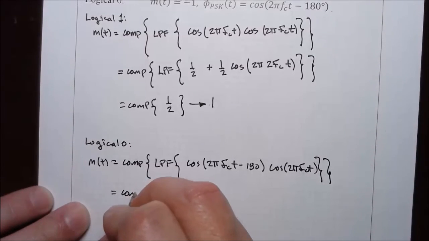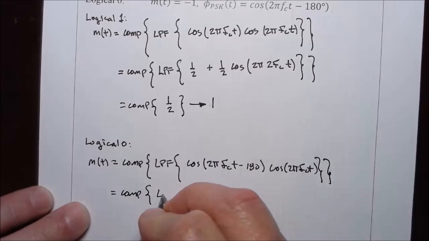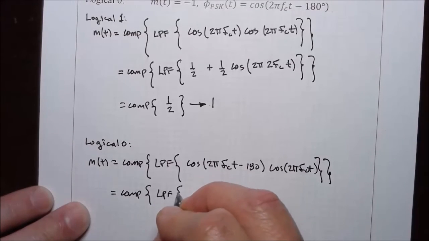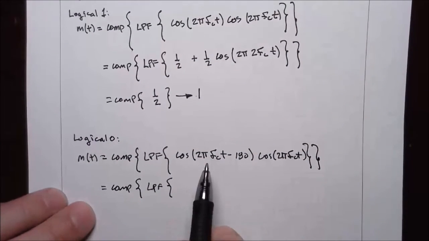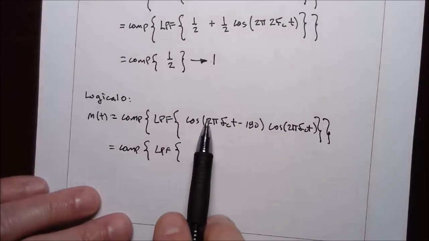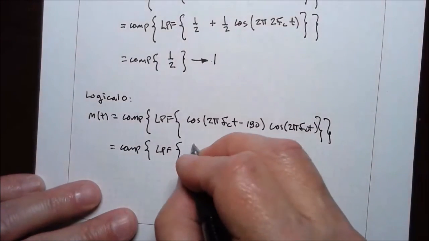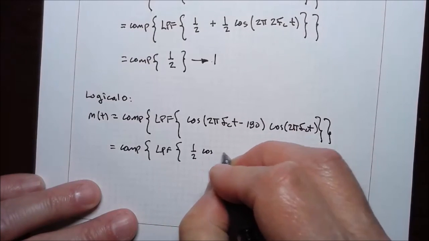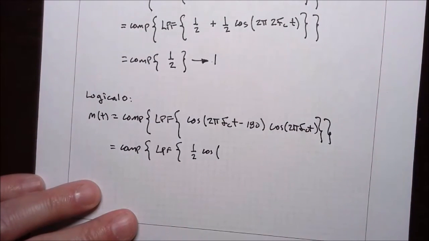Now, when we apply the trig identity, a cosine times a cosine gives us 1/2 cosine of the difference of the angles.